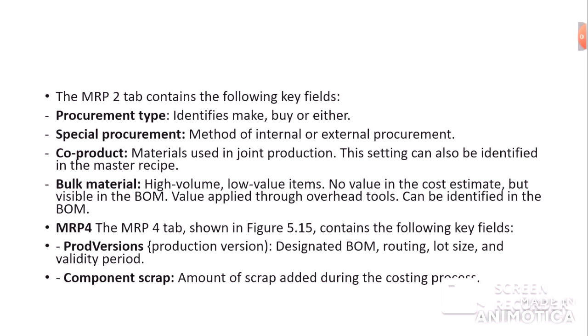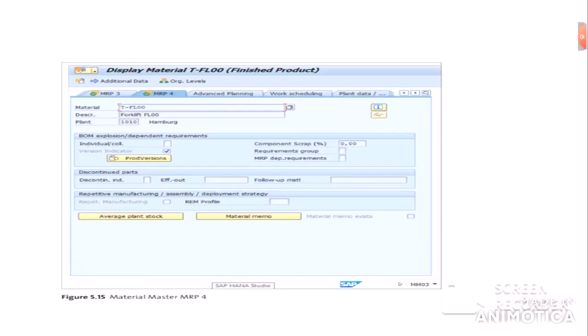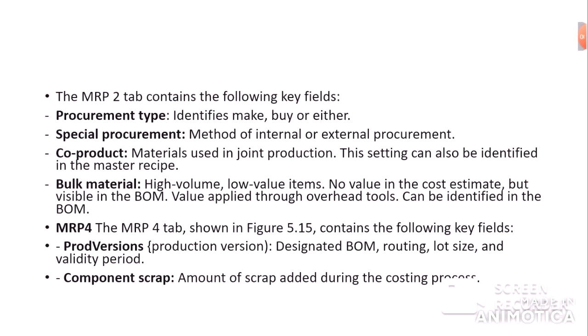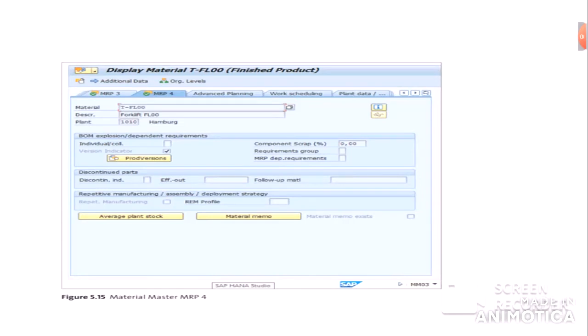Value applied through overhead tools can be identified in the BOM. The MRP4 tab shown in 5.5 contains the following key fields: production versions, designated BOM, routing, lot size and validity period, and component scrap, the amount of scrap added during the costing process.